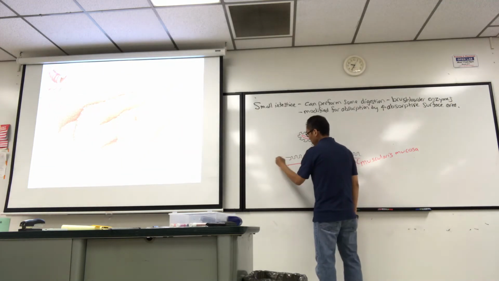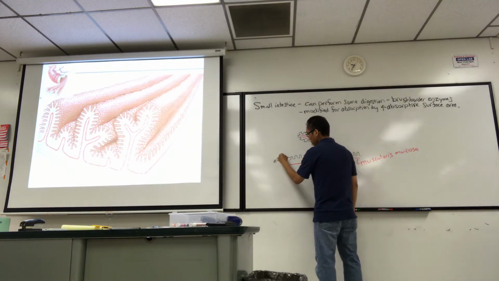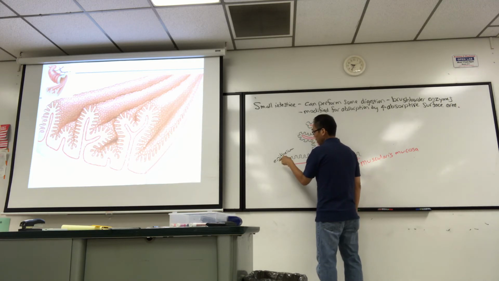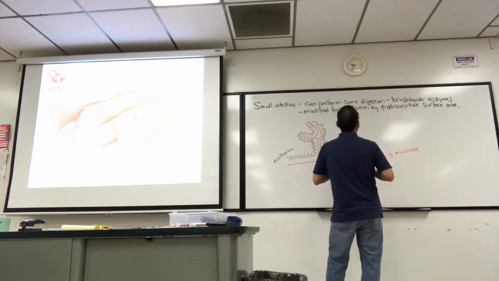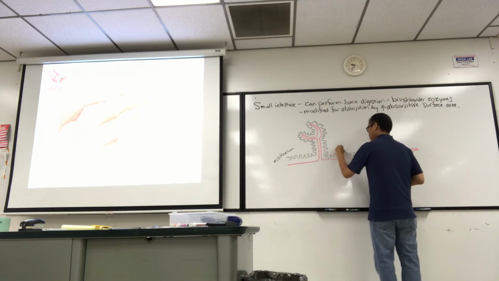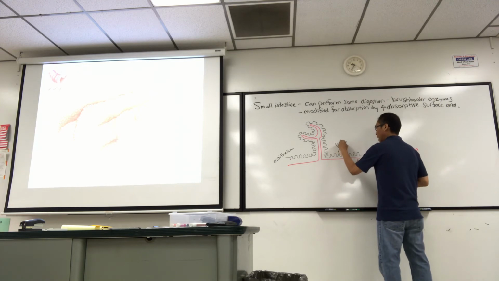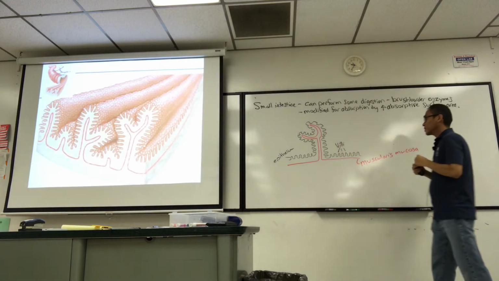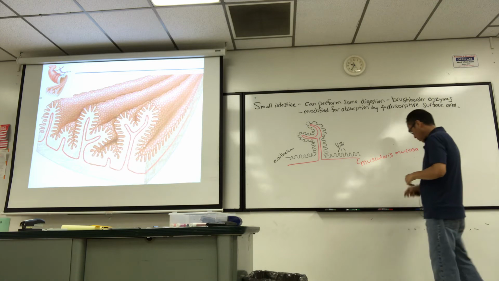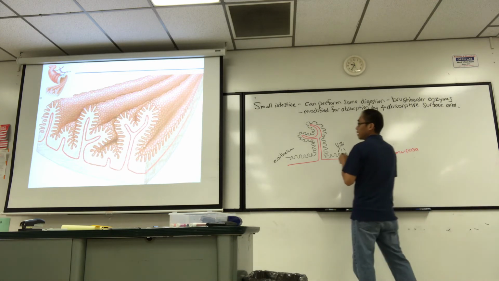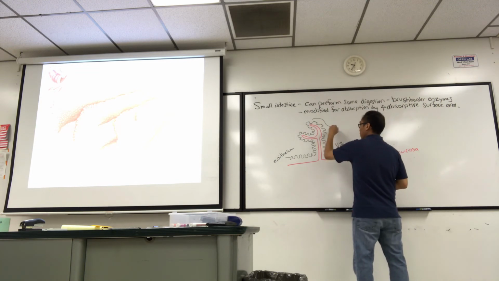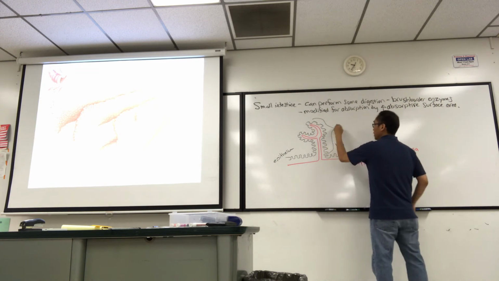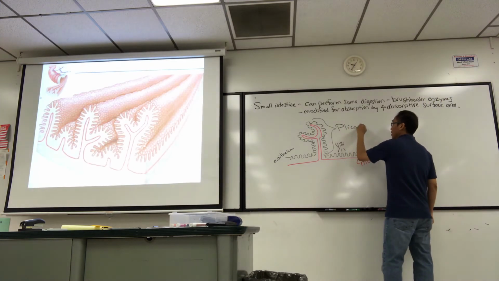It's the epithelium. But they're the villi. So what we see is we got villi. This whole thing that's sticking up is a whole fold from here to here. That whole thing is considered plica circularis.